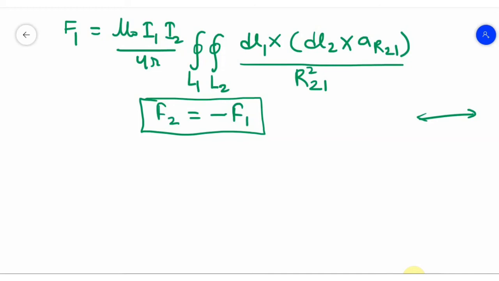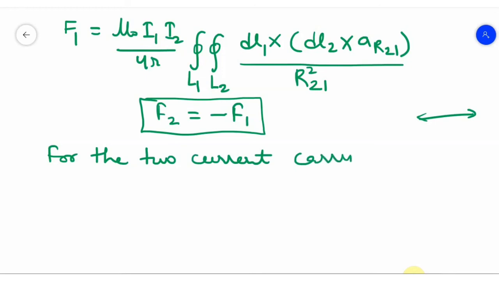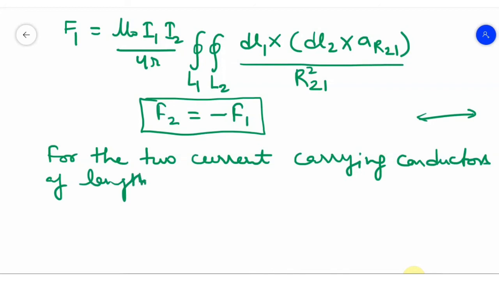Okay, now for the two current carrying conductors, we are now generalizing it. So for the two current carrying conductors of length L each, the force exerted is given by, what will be the force?